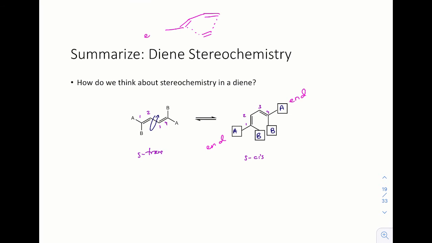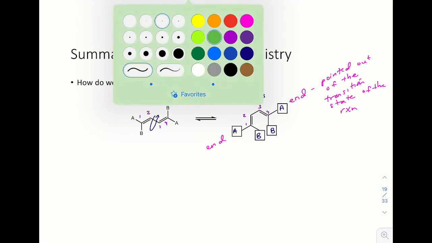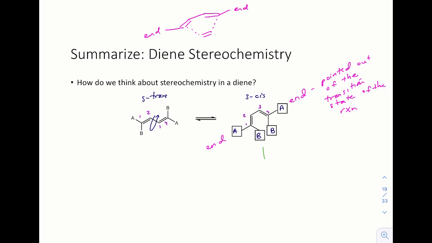Groups on the ends are pointed out of it, away from where the dienophile would approach the diene. Meanwhile, B represents the middle. So these B substituents are pointed in to the middle of the diene. They're pointed, whoa, right over here where the dienophile is approaching.